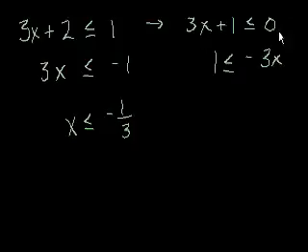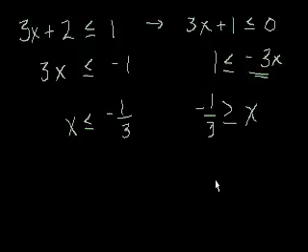I subtracted 3x from here, so I have to subtract 3x from here. Now I would have to divide both sides by a negative number, right? Because I'm going to divide both sides by a -3. So I get -1/3 on this side. And based on what we had just learned, since we're dividing by a negative number, we want to swap the inequality, right? It was less than or equal, now it's going to be greater than or equal to x.